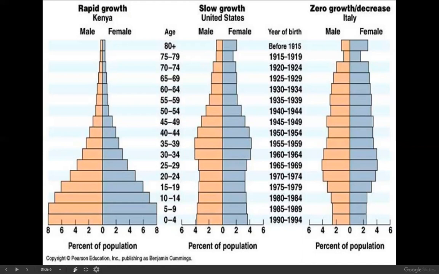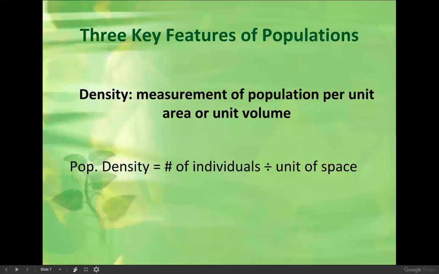It was a very interesting time. And then you look at the zero growth decrease, where there's not as many younger people, where the population is basically not replacing itself. And so you wind up having zero or a decrease in the population. So that's a good example of looking at a population and size per age group.